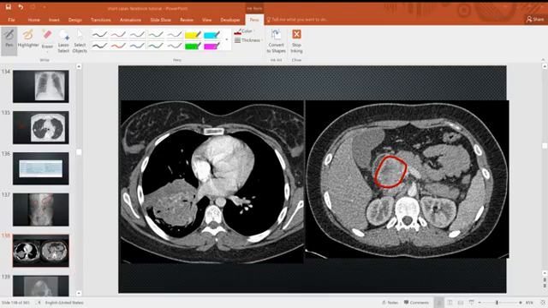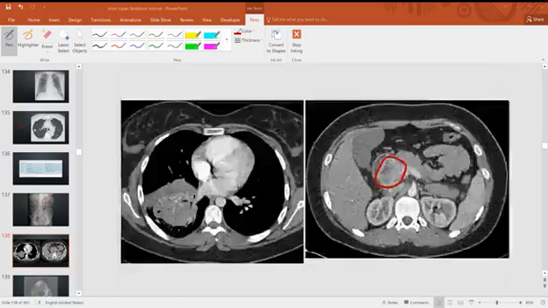Multiple endocrine neoplasia, said one. One of the attendees, Dr. Hisham, said it is multiple endocrine neoplasia. Okay, other differential diagnosis, lymphoma.